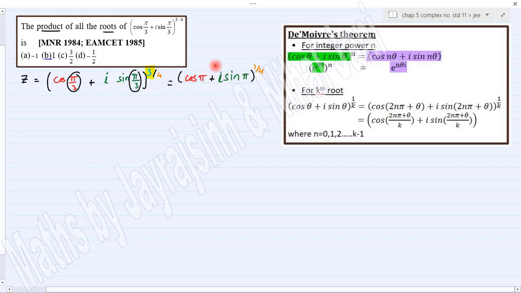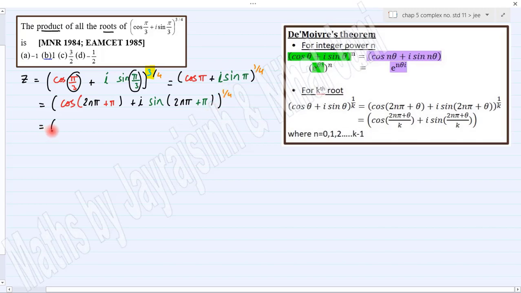Now, to get the fourth root of our complex number, first of all, we have to convert cos pi into cos of 2n pi plus pi, and sin pi will be converted into sin of 2n pi plus pi, whole raised to 1 by 4.